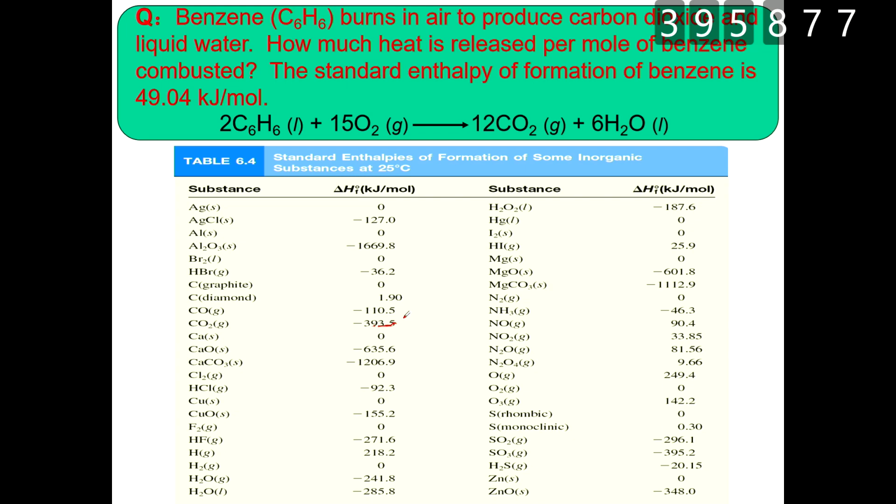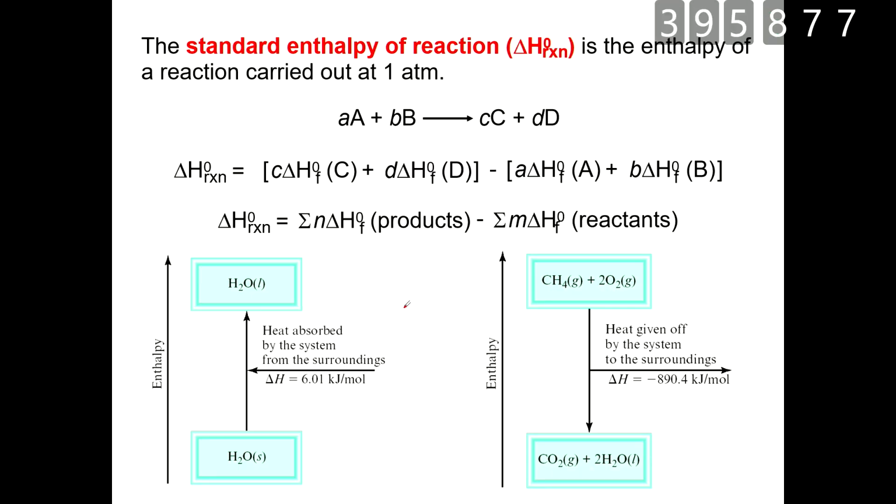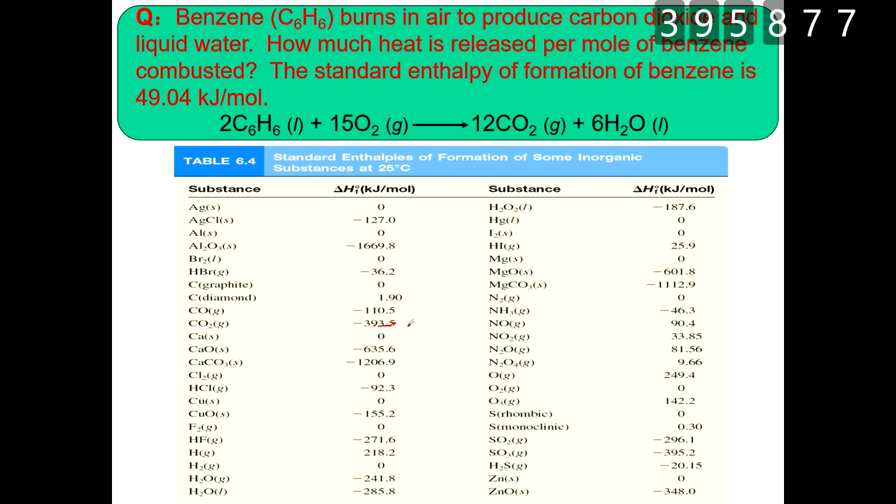Go back to the formula. Same thing for D. It's complicated, right? 6 times H2O liquid, which is negative 285. Good. Then minus the same thing for the other part. What's the coefficient?